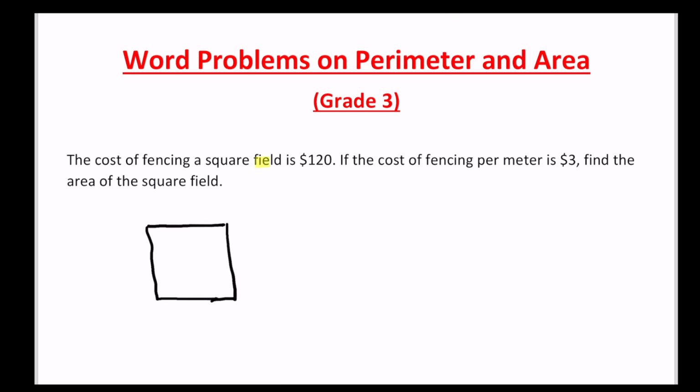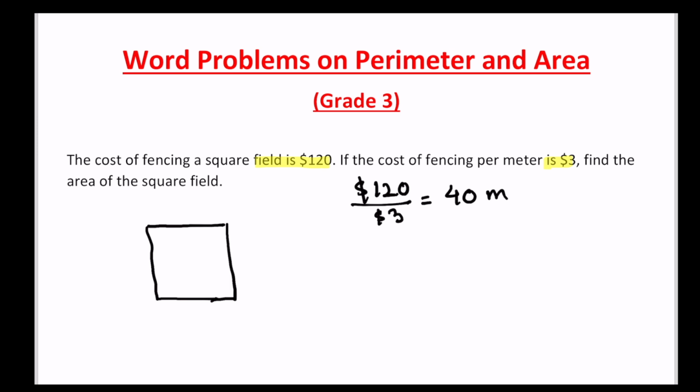So the total cost is 120 and each meter is $3. So if you divide $120 by the fencing cost per meter, which is $3, we can get the perimeter of the square field.